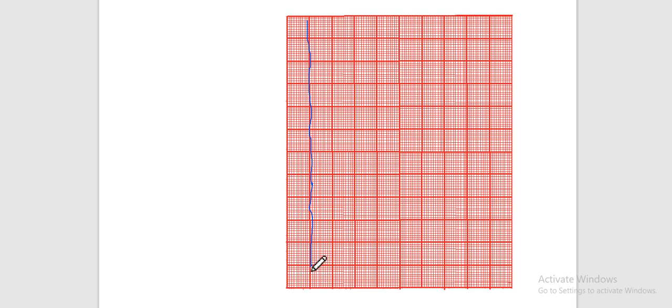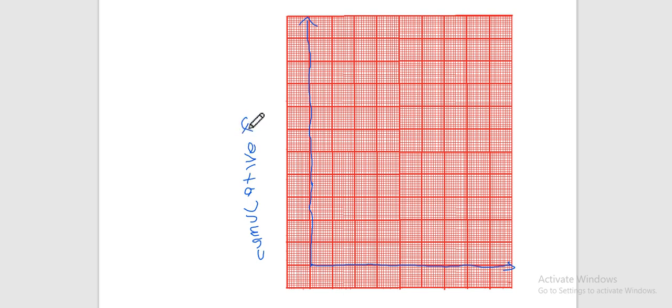So this is our horizontal axis. So this is cumulative frequency.